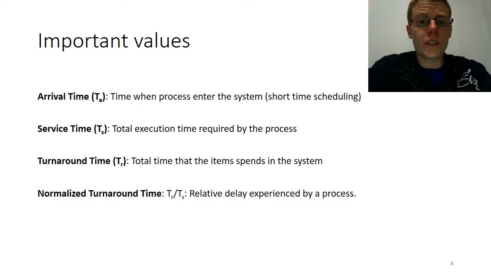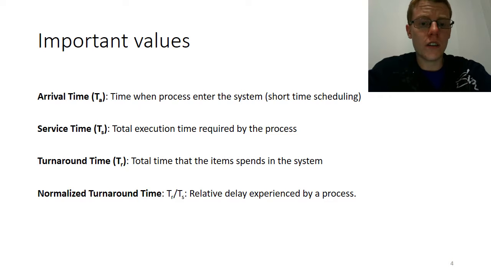We should also discuss some important terms that we'll be using a lot when we're discussing and comparing scheduling algorithms. Four of these important values are all times. There is the arrival time, which is the point at which the process enters the system, so when the process is put into being ready to be executed.